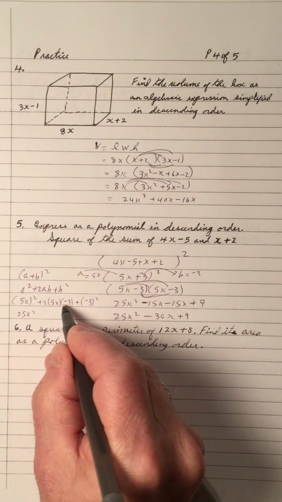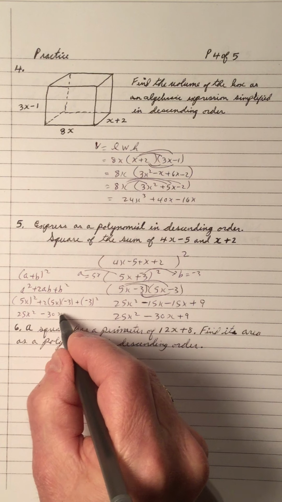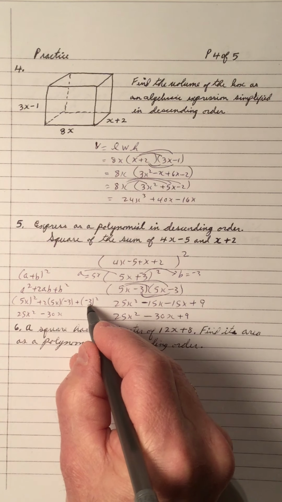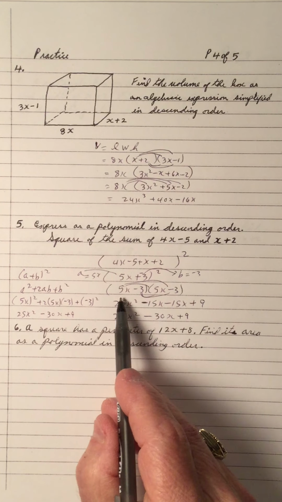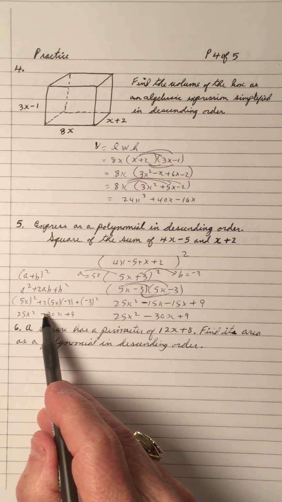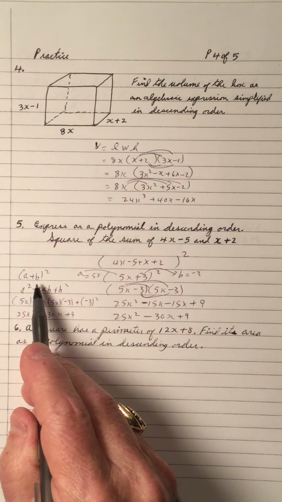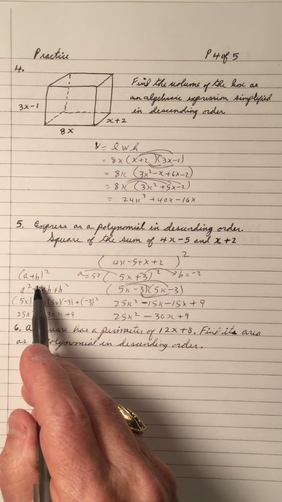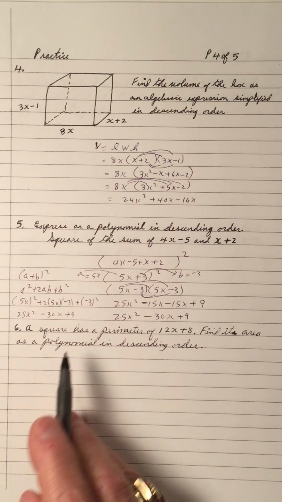And 2ab is 2 times 5x times negative 3, which is negative 30x. Negative 3 squared is 9. So you could multiply like this by FOIL and get the answer, or you can use your pattern. I'm only emphasizing the pattern because the more you see it, the more you practice, the better you get. But most students would just multiply these like this. I just did that as an extra.